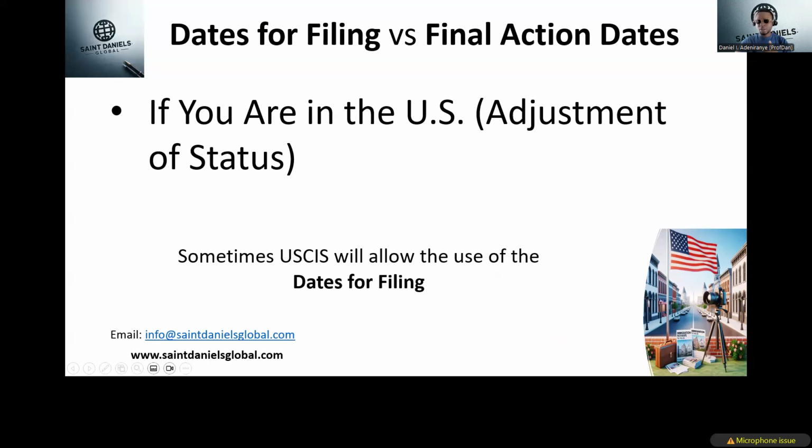Because if your priority date is current under the final action date chart, typically, you are eligible to both prepare and submit your application to adjust your status immediately. But we will look at October 2024, if it's allowed to use the date for filing or not. So stay until the end, and you will see, again, not what ProfDan says. I'm only here to amplify what USCIS says and explain deeper to you.